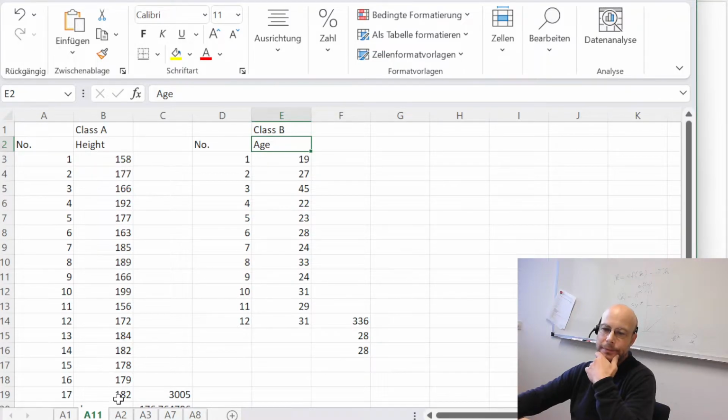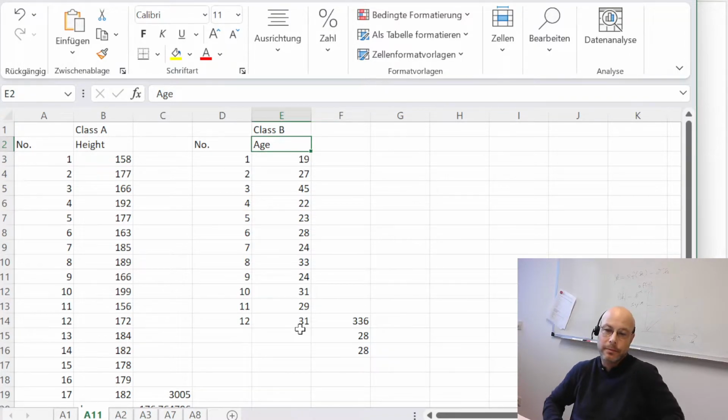So these are our heights. How do we calculate right now the median of these two random samples? The median is just something like the middle of our distribution. But now how do we obtain the median?